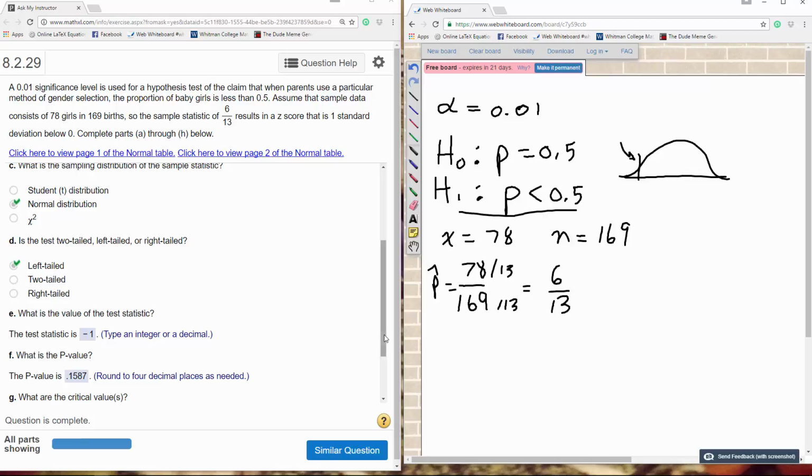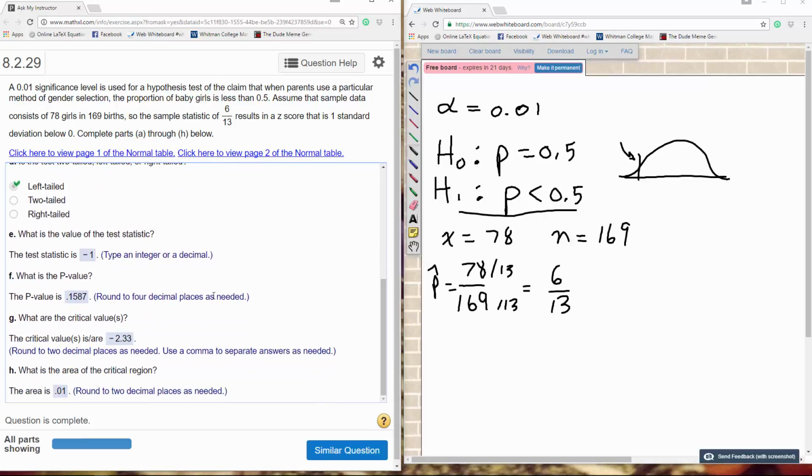And it says, what is the test statistic? And then p-value. Now I'm going to show you how to do this manually, but I wouldn't do it manually. I would use my calculator, and then I'll show you how to do it with the calculator. So my z would equal my p hat, which is the 6/13, minus the p, which is 0.5, so that's my hypothesis, over the square root of p, 0.5, times q.